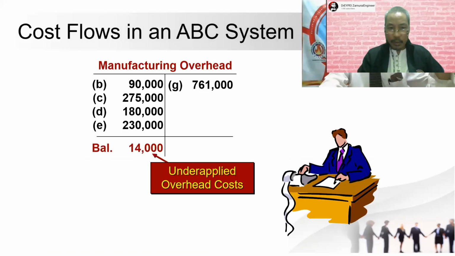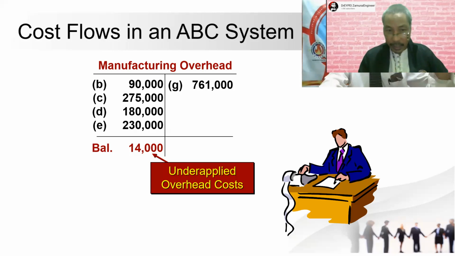So we are now posting into the ledger. Not only manufacturing overhead, all of the account names have to be posted separately. Manufacturing overhead in the same place. Other accounts, for example accounts payable, in one ledger. Manufacturing overhead in one ledger sheet. What else? Work in process, another ledger. So all of the account names. There are several account names that we talk about.